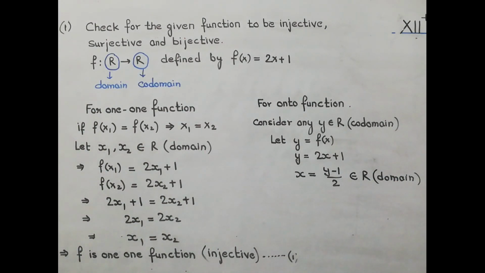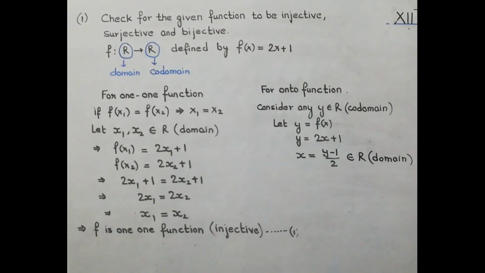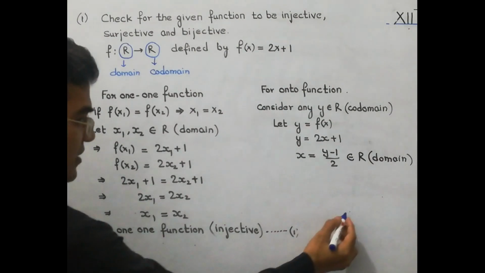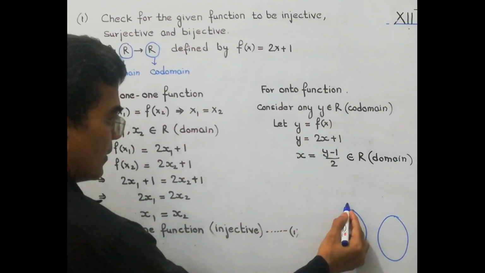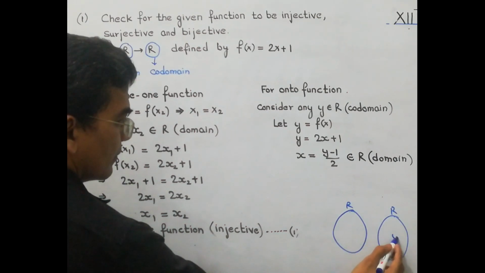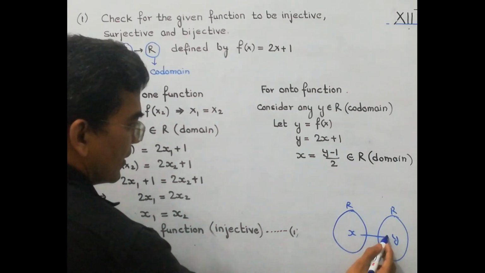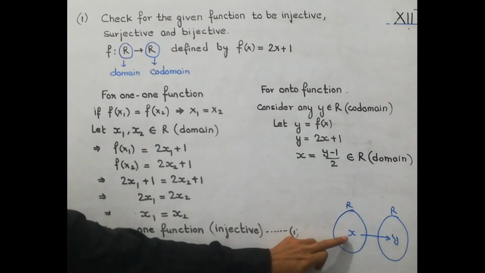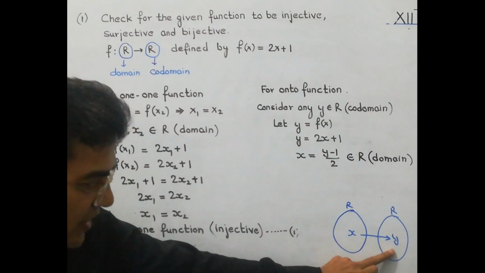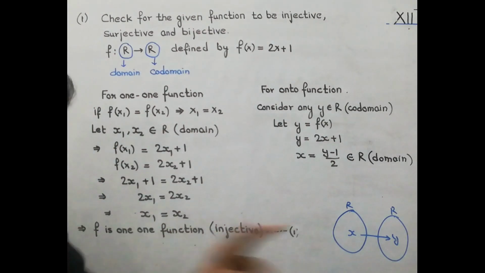Now what do we have to show? Now see, let us consider just a rough sketch here for you. The function is like this. That means we have proved it is one-one. Every element over here, a different element, is having a different image in the second set, the codomain.